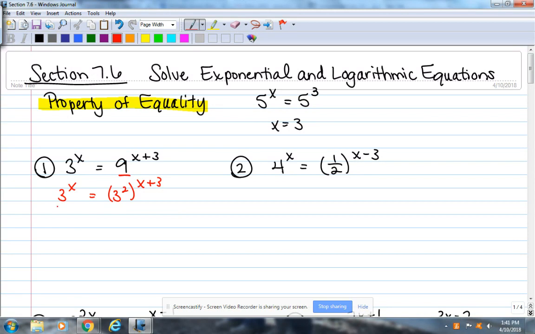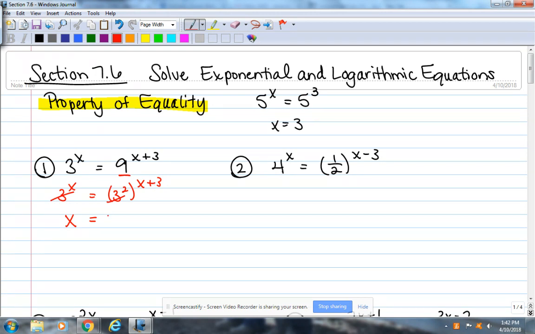So now basically my two bases cancel out. And I have x left on the left-hand side. And power of a power, we multiply, right? So we've got to multiply 2 times x plus 3, which means you have to distribute that. You can't just say 2x. You have to say 2 times x plus 3.